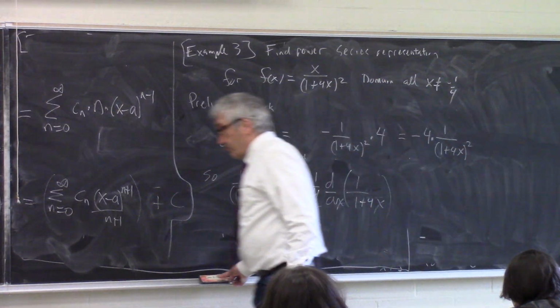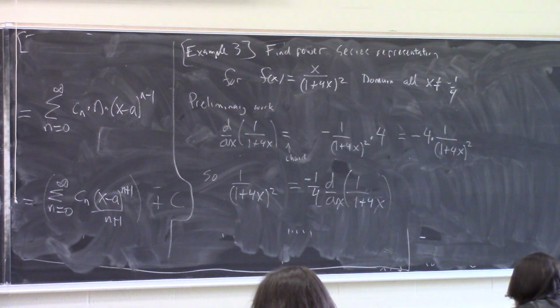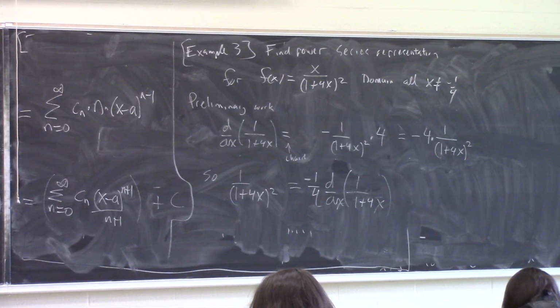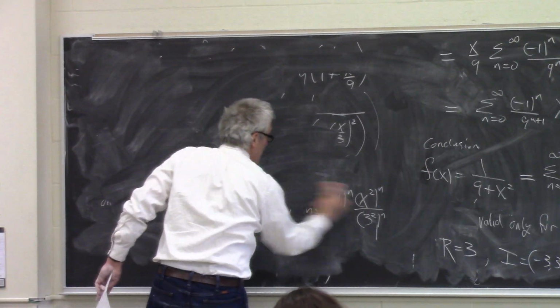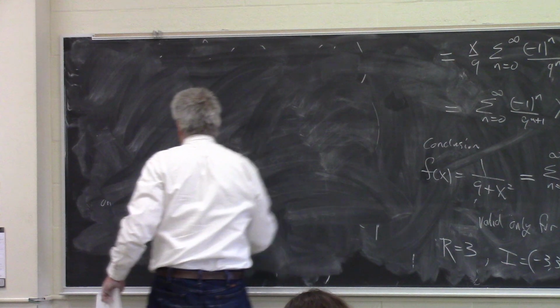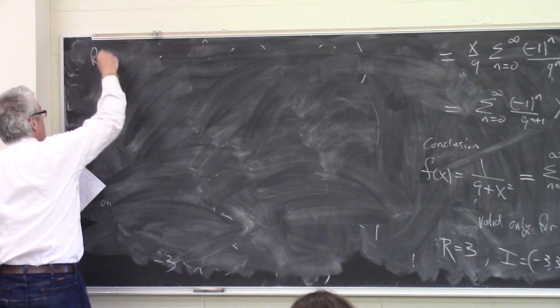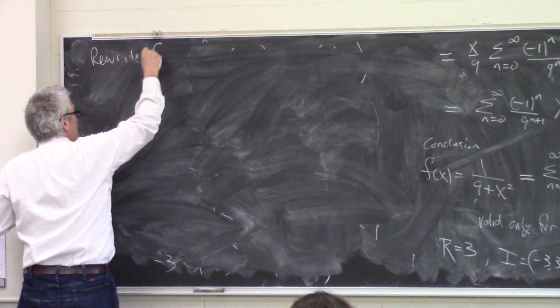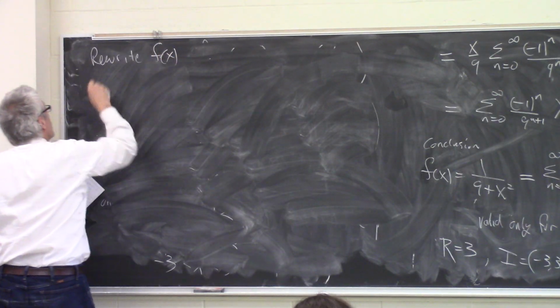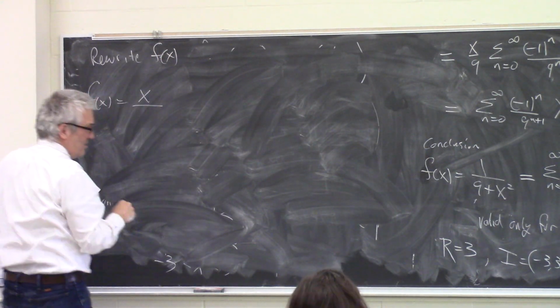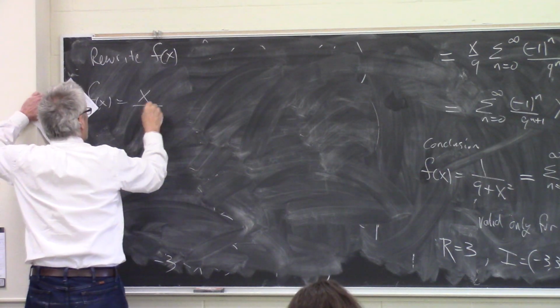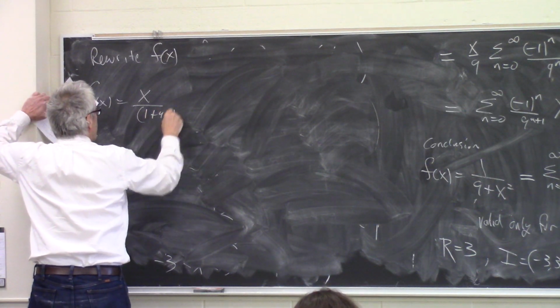Okay, so now we're going to do what we did before. We're going to rewrite the function f of x. So f of x equals x over 1 plus 4x quantity squared.